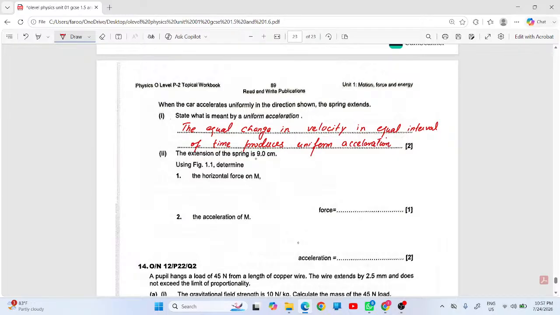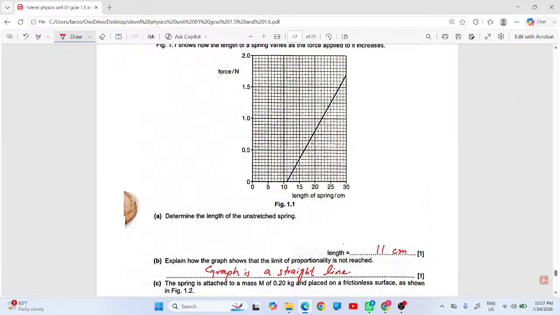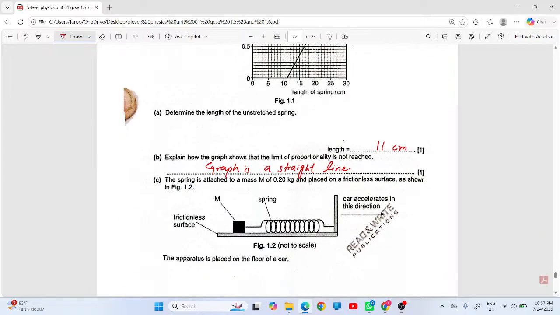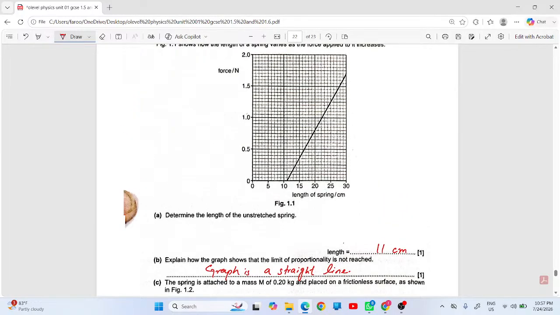Next, the extension of the spring is 9 centimeters. Figure 1.1, determine the horizontal force. Horizontal force is not given anywhere.